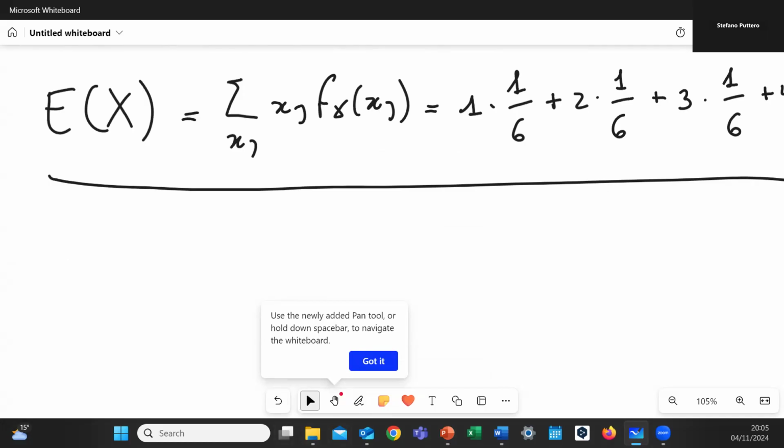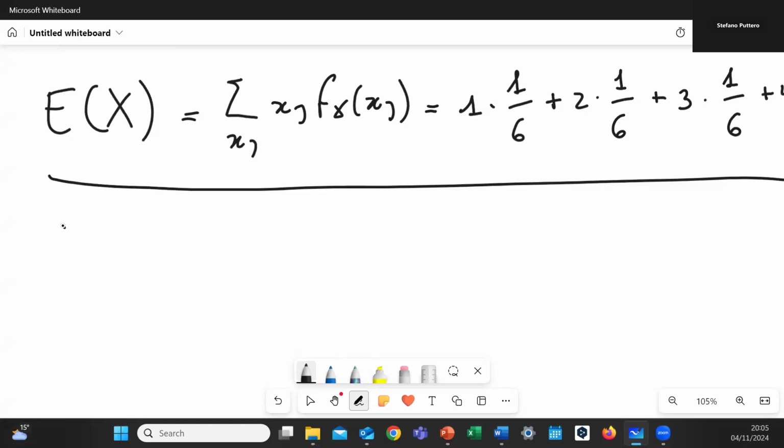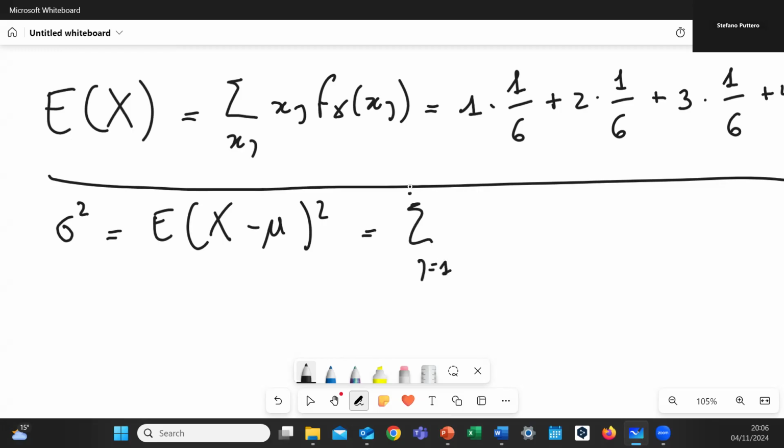Okay, the formula for the variance of the discrete random variable: sigma squared is equal to the expected value of (X minus mu) squared, that is equal to the sum for j from 1 to n of (xj minus mu) squared multiplied by the probability of xj, that is the probability mass function, fX of x, of course.